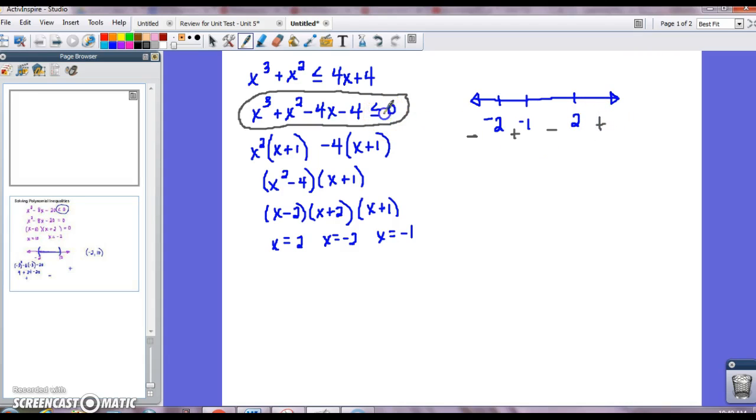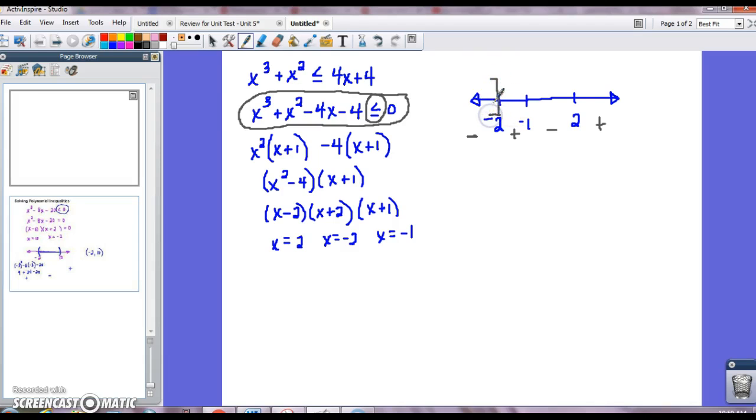And so remember, we're looking for all of the values where it is actually negative, because that's where it satisfies this inequality, right? Less than or equal to 0. And so it would be anything over here and between these two values, between negative 1 and 2. Now, because it's less than or equal to, instead of using parentheses, I'm going to use a square bracket.